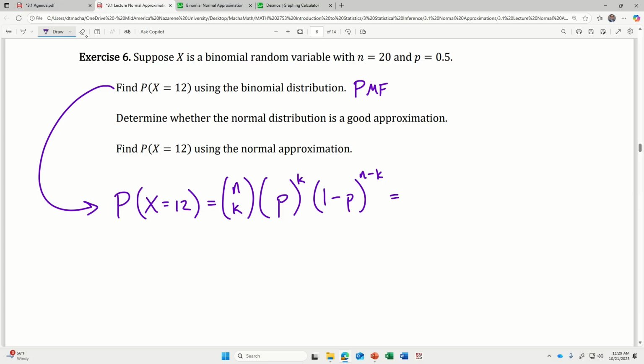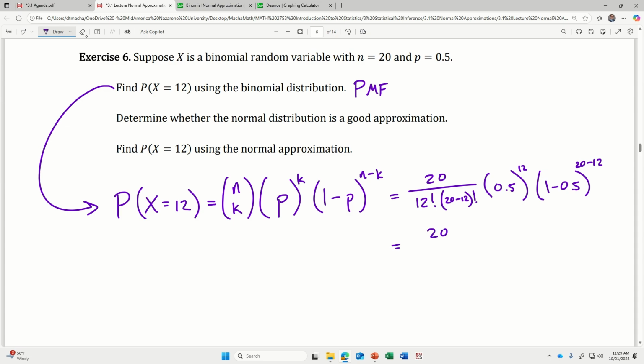And so this would be n, which is 20. 20 choose 12. And then 20 minus 12 factorial. And then p is 0.5 raised to the power 12. And then 1 minus 0.5 raised to the power 20 minus 12.